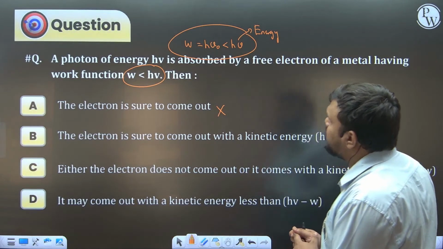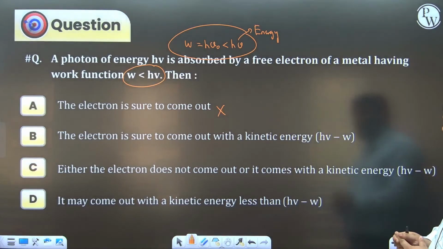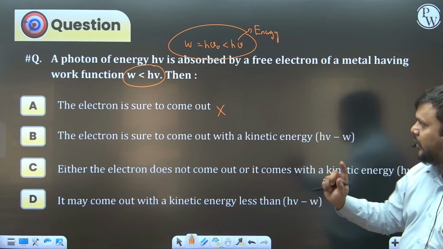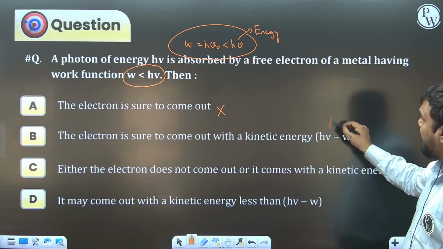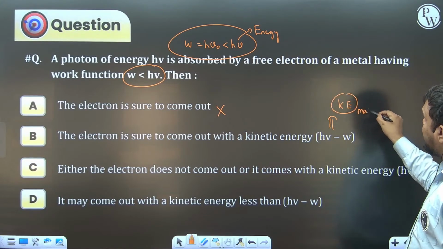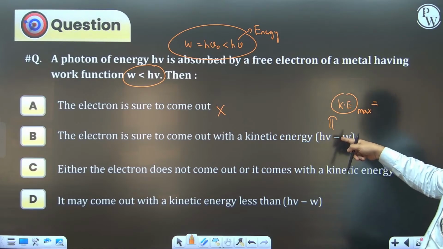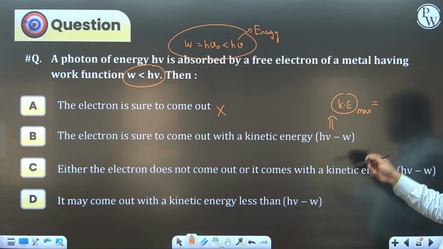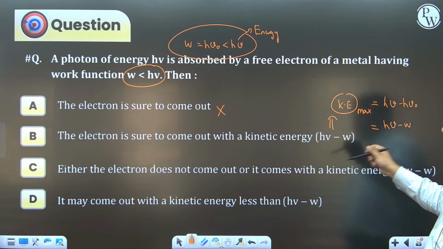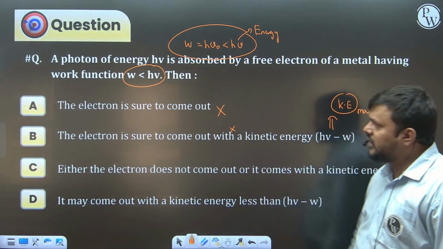Next: the electron is sure to come out with the kinetic energy h nu minus W. See, two mistakes are there. First, it is not sure that it will come out, and also the kinetic energy is maximum, meaning you cannot say it will always be h nu minus W. Because of the collision, the energy can be less than h nu minus h nu naught, where h nu naught is the work function.